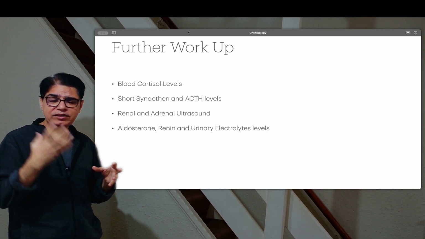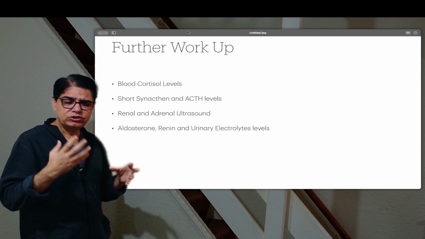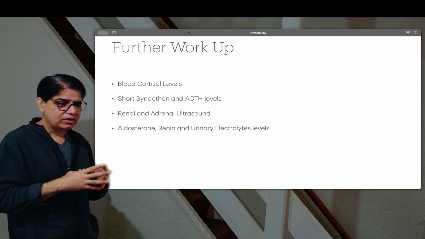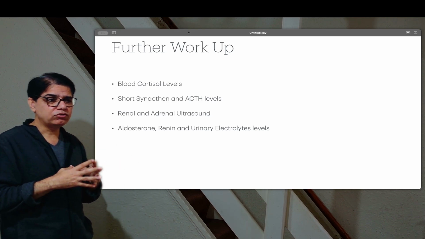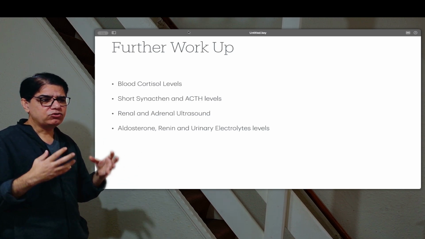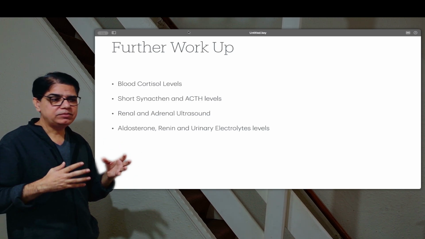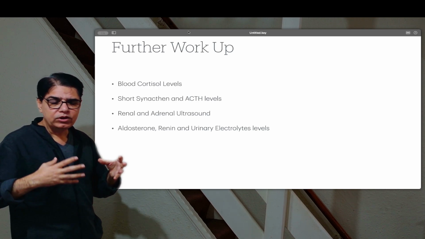So remember three things for normal anion gap metabolic acidosis with hyperkalemia. It could be Addison disease or adrenal insufficiency, it could be type 4 renal tubular acidosis, or, if it is associated with hypoglycemia, it could be idiopathic ketotic hypoglycemia as well.